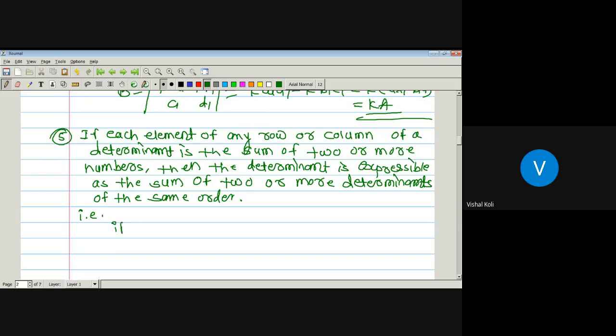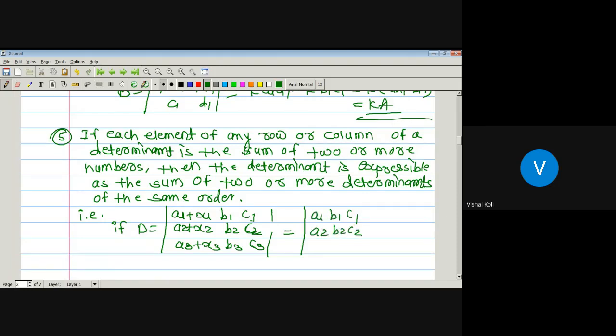That is, if we have a determinant D equal to a1 plus x1, b1, c1; a2 plus x2, b2, c2; a3 plus x3, b3, c3, then its determinant value is the same as the determinant a1 b1 c1, a2 b2 c2, a3 b3 c3, plus the determinant x1 b1 c1, x2 b2 c2, x3 b3 c3.